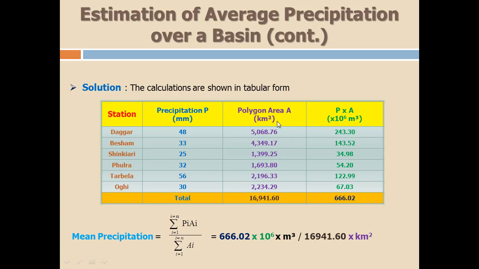But remember, you cannot multiply a millimeter by a square kilometer. So before multiplying, we will convert all these into consistent units. We will convert millimeter into meter and square kilometer into square meter.